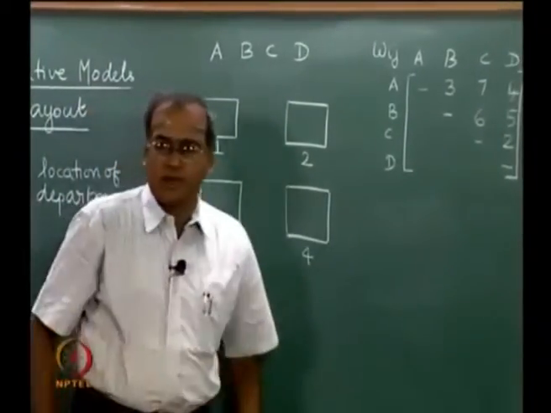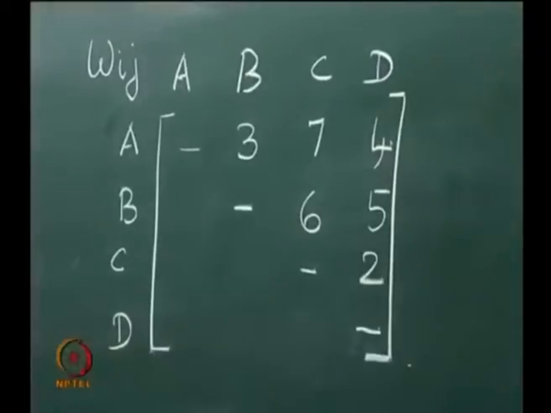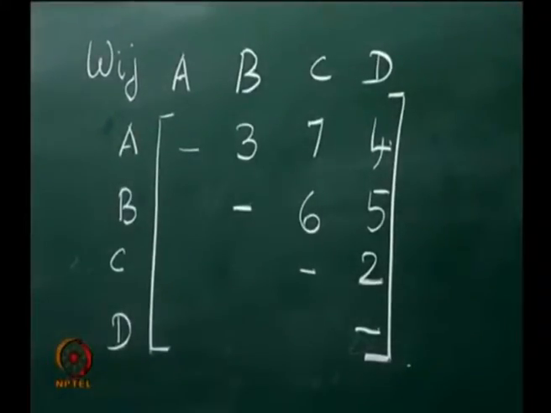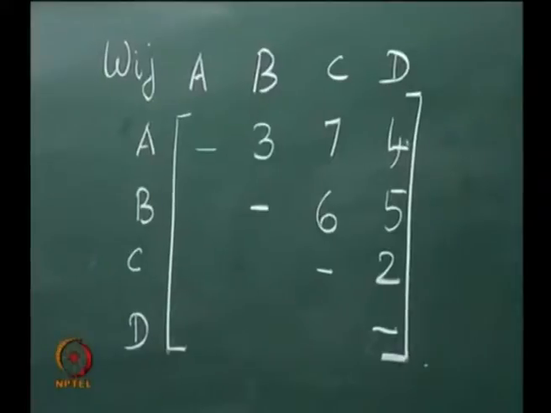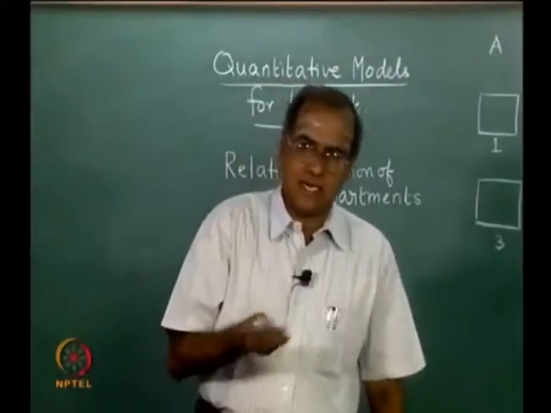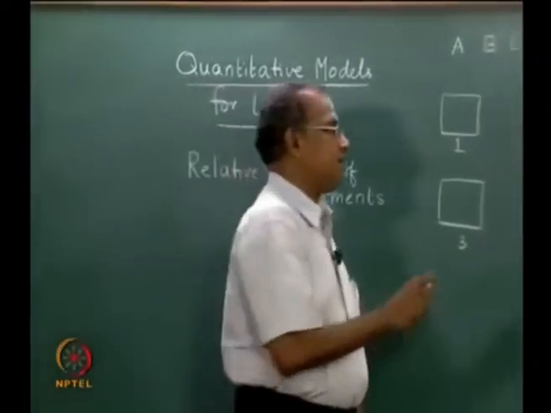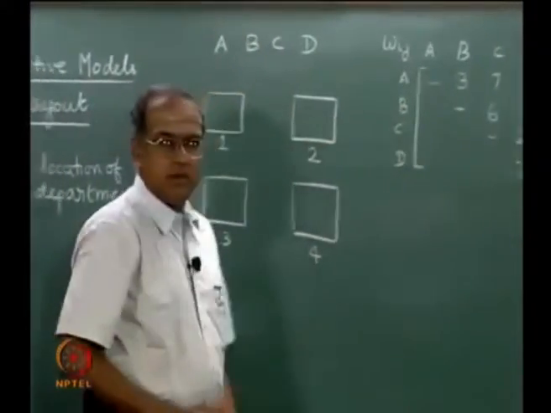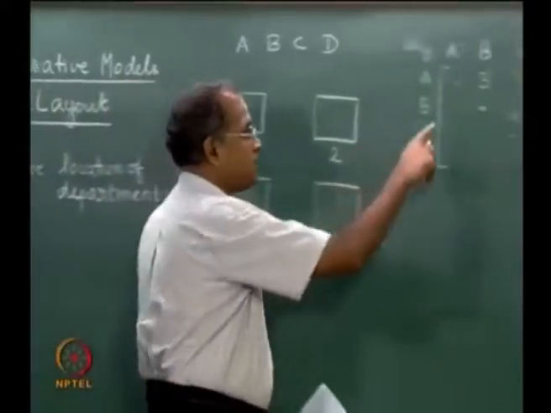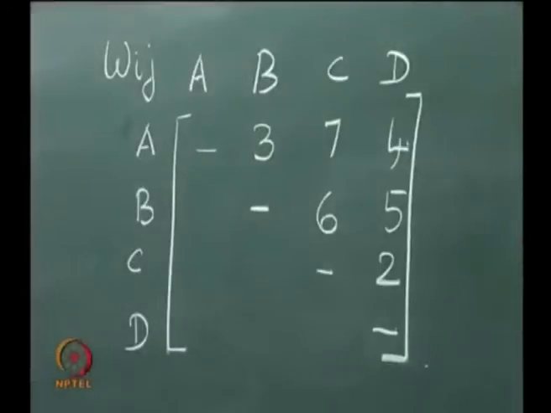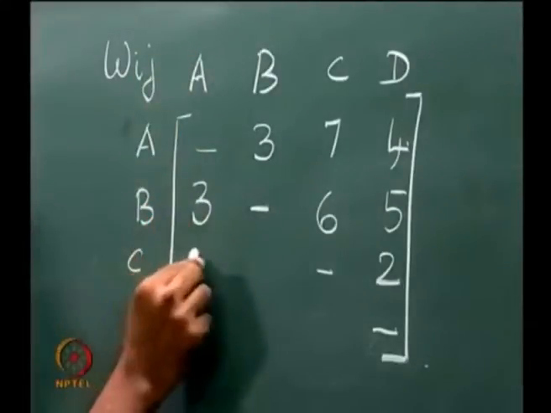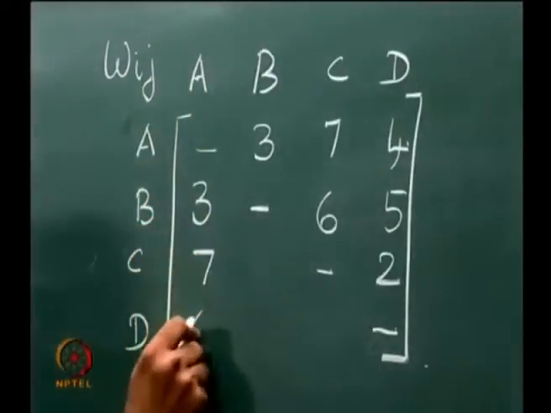We have assumed symmetry, though in many cases it need not be symmetric, because the direction of flow of material inside a factory or a department can be different from i to j and j to i. So, in reality this need not be symmetric, but just to make the computations easy we are assuming a symmetric matrix here, which also means that from B to A the weight is 3 and so on.